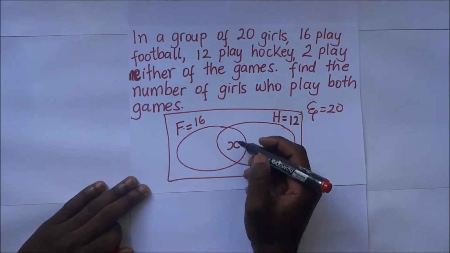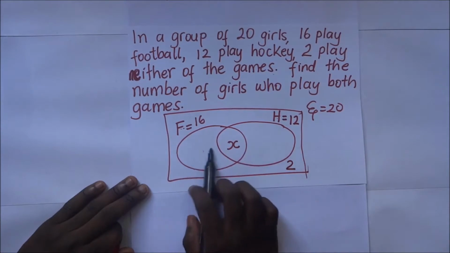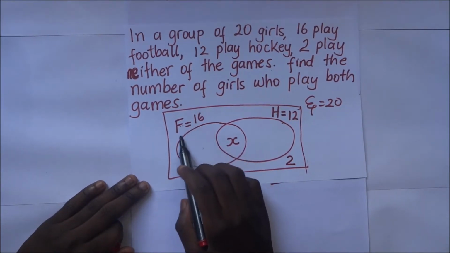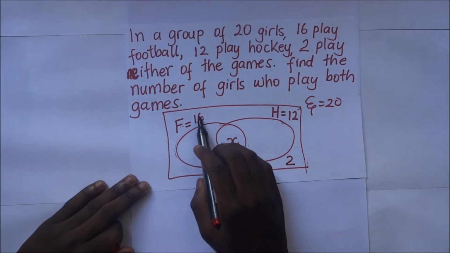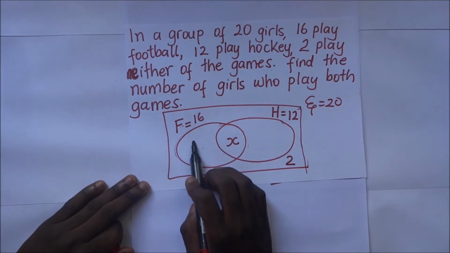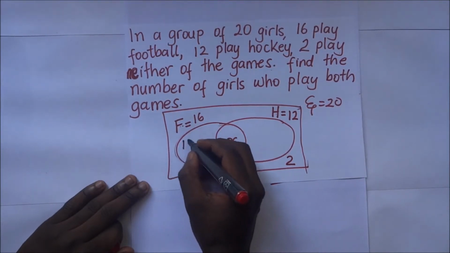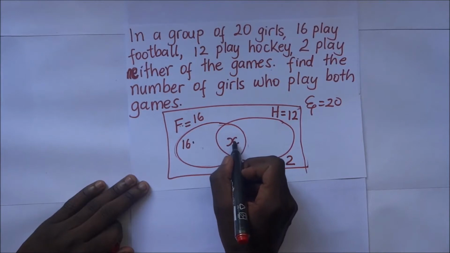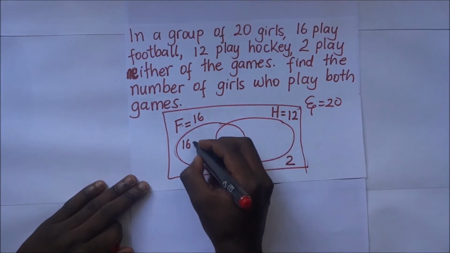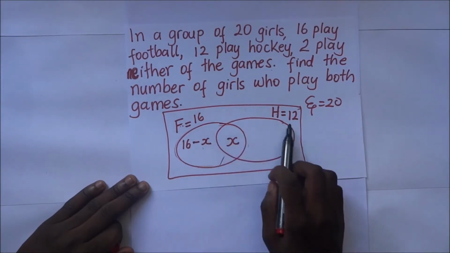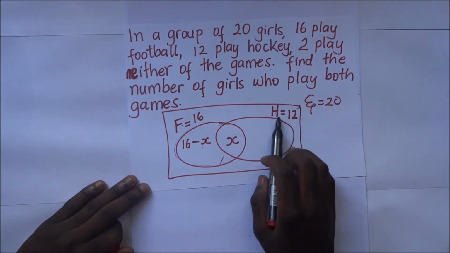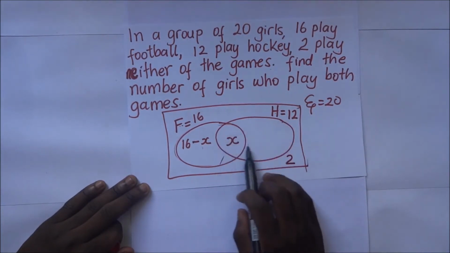So we can first begin by filling this gap and that gap. Whoever is inside this circle is playing football. So those who play football only is going to be this total, which is 16, minus those who also play hockey. So it's 16 minus X. Then even here, those who play hockey in this circle are 12.